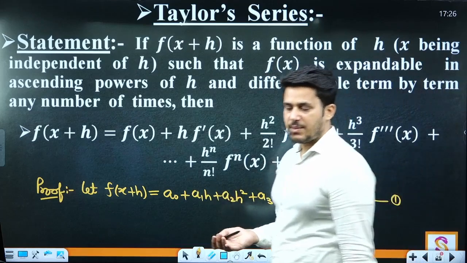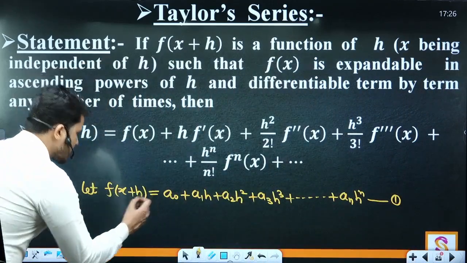Means each term can be differentiated of this function.